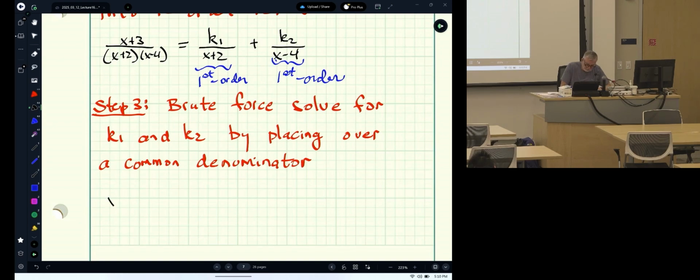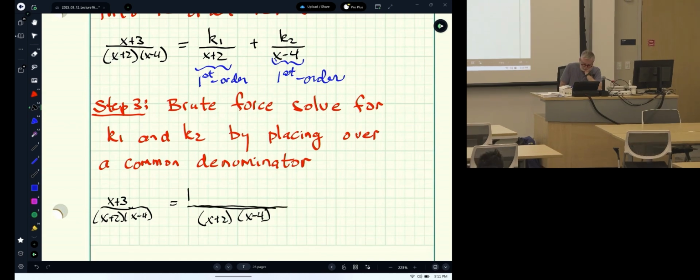Well, we've got our x plus 3, and normally this would be an all multiplied out complicated thing. I'm going to put what we have before, the K1 over x plus 2 and the K2 over x minus 4. You saw me do this before as a common denominator.